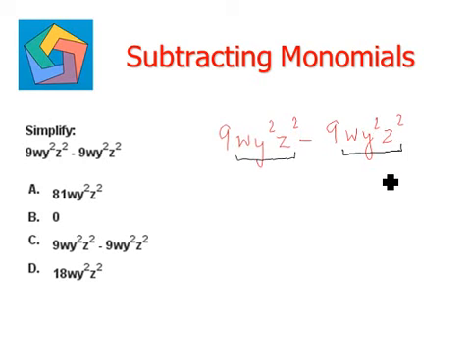So both of them have the similar variable pattern, so that means they are like terms. Now we can simplify them. 9 minus 9 is 0, times w y square z square, which is nothing but simply 0. That is the correct answer, which matches option B.